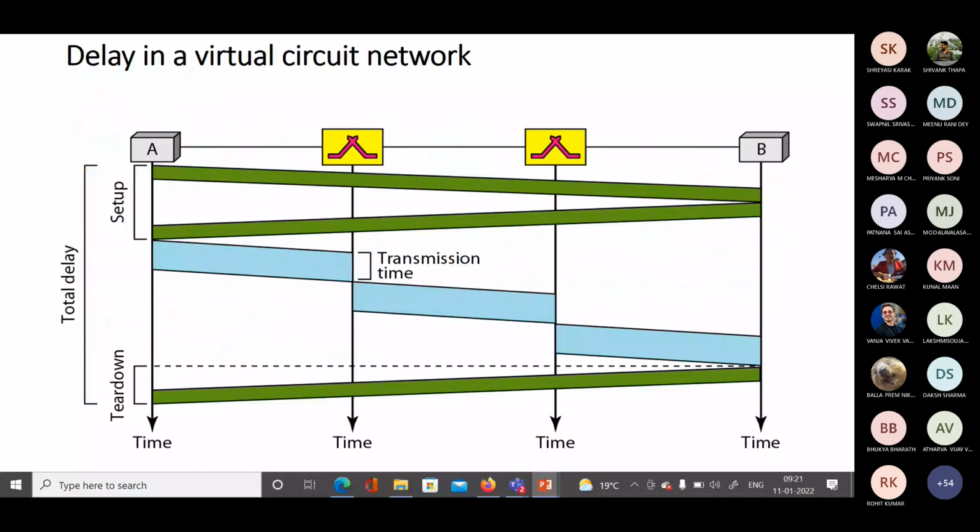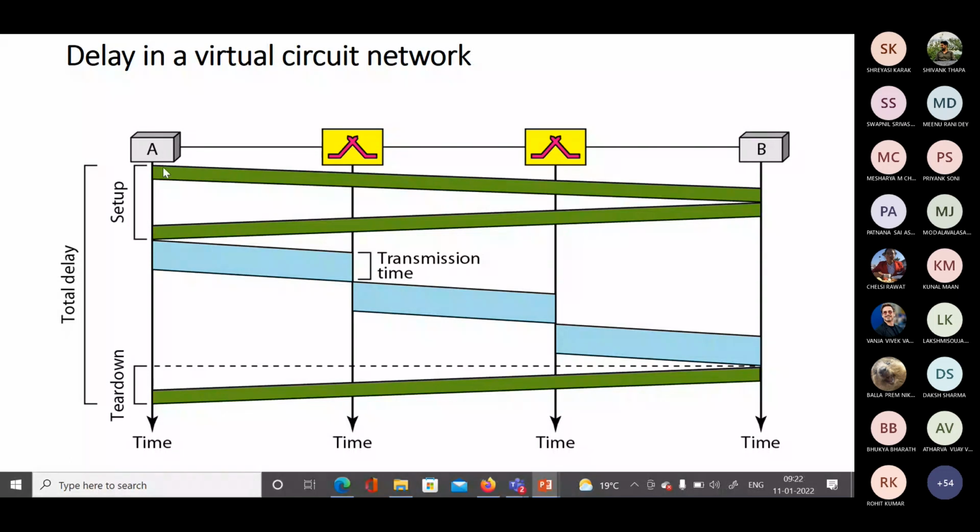So let me tell you what the delay incurred in a virtual circuit network is, whether it is PVC or SVC. For SVC, every time you will have this setup cost and teardown cost. But when it comes to PVC, because it is of a permanent nature, this will happen only once. You will only have the transmission time. So let's see how the total delay comes out.